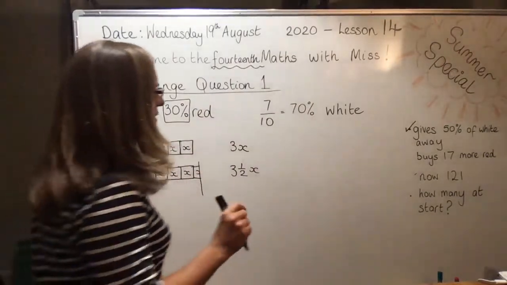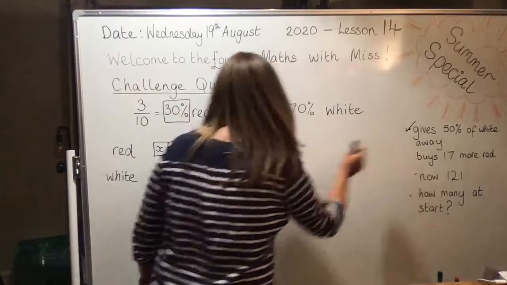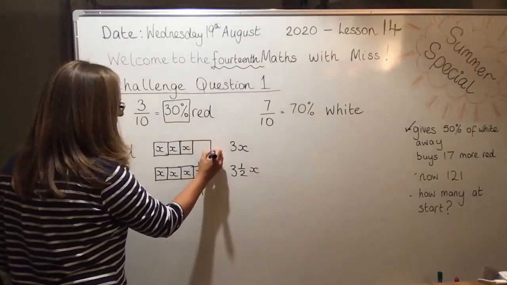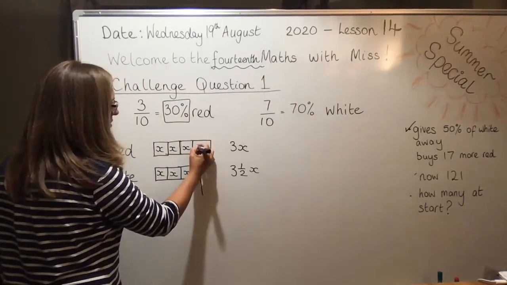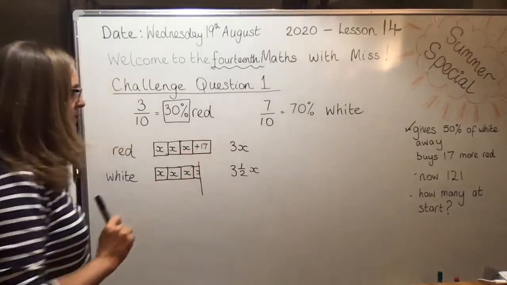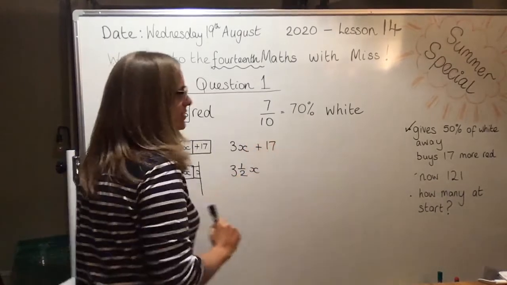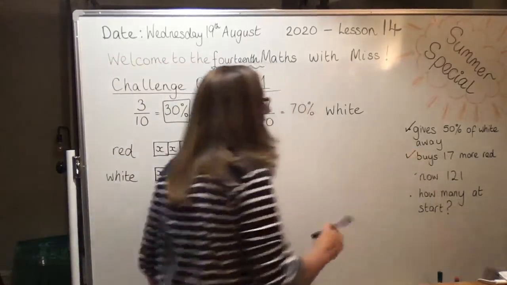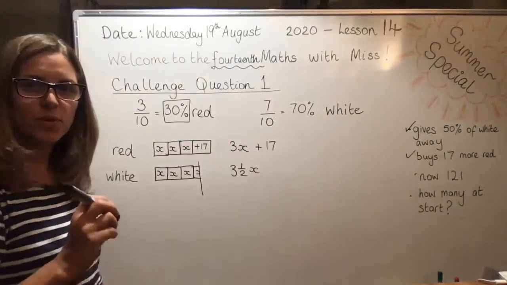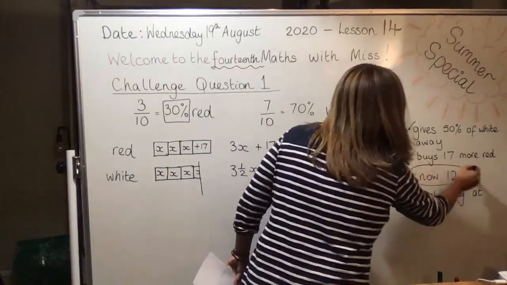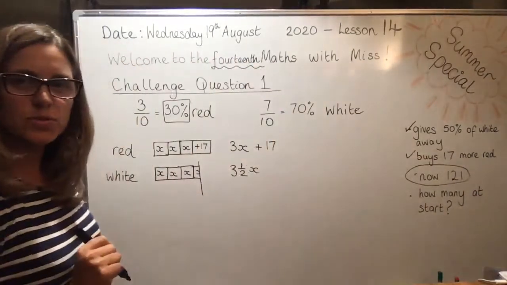But now, Harry buys 17 more red ones. So I don't know how big to make this box because I don't know what my x is, but I do know that I'm adding on 17. I'm adding on 17, so I can tick that bit. And it tells me the next bit of the question is that all of that equals 121.